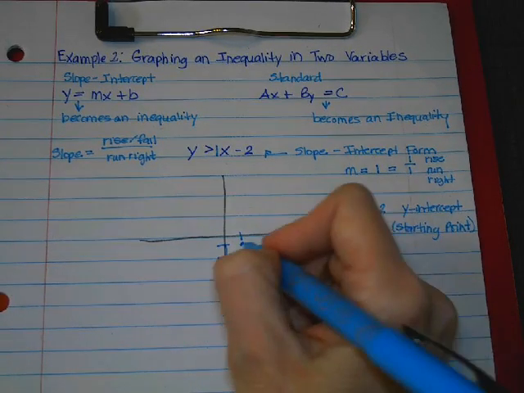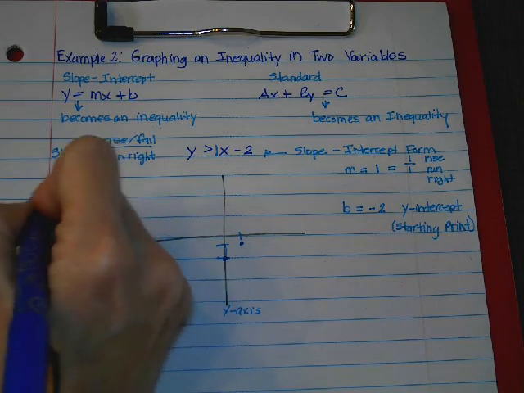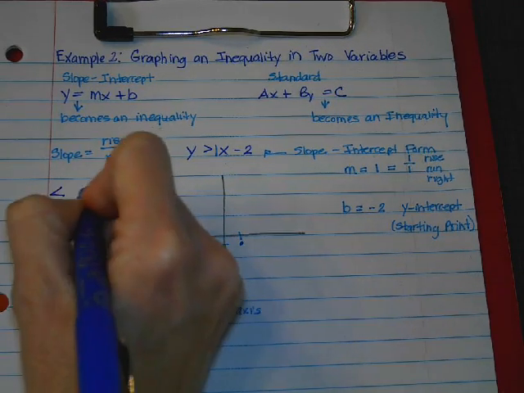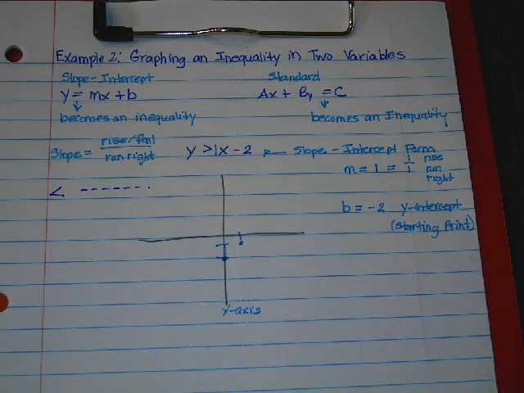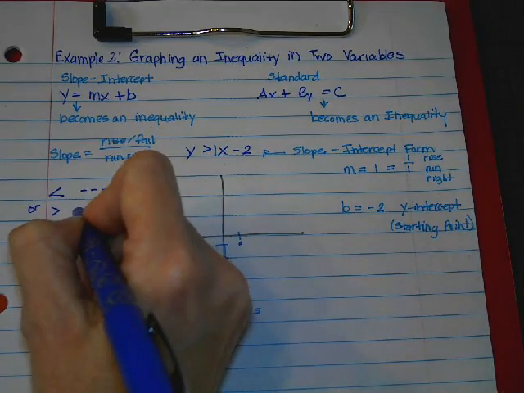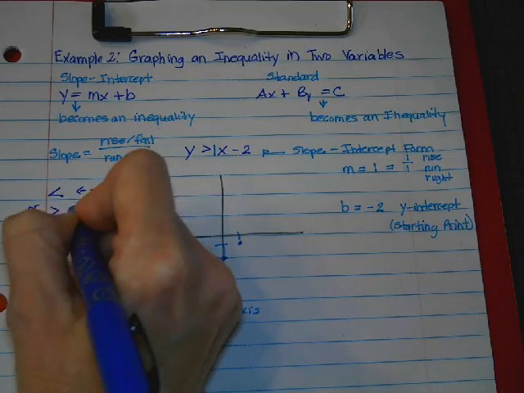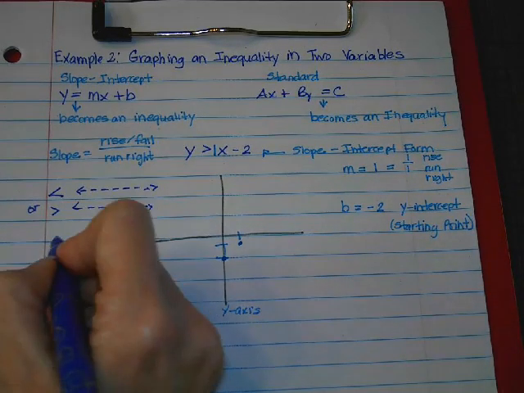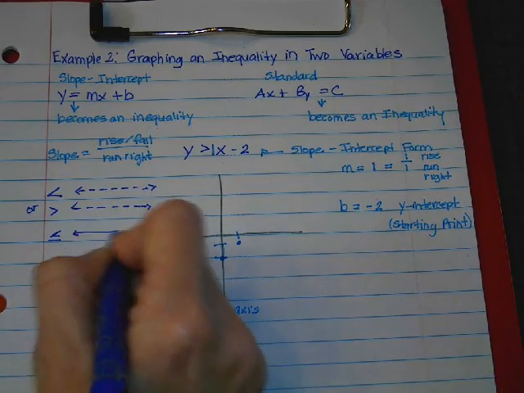Now, with inequalities, there are a couple things that we have to know about our inequalities. I'm going to write this over here on the side. If we have less than, we want a dotted line. If you have a greater than symbol, you also have a dotted line, like a dashed line. But if we have less than or equal to, we have a solid line.